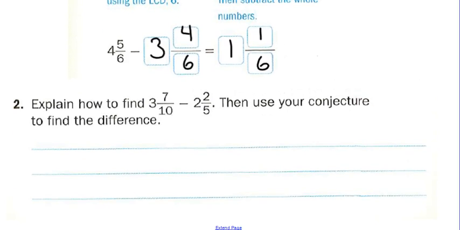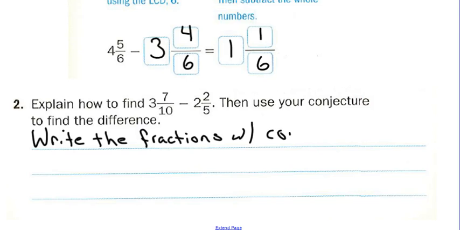All right. So number 2 says, explain how to find 3 and 7/10 minus 2 and 2/5. It says then use your conjecture, or your statement, your explanation, right, to find the difference. So we're basically going to write the fractions with common denominators.